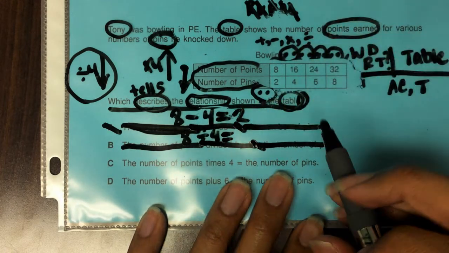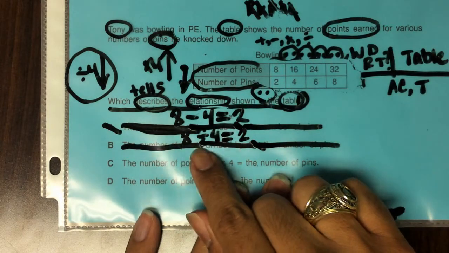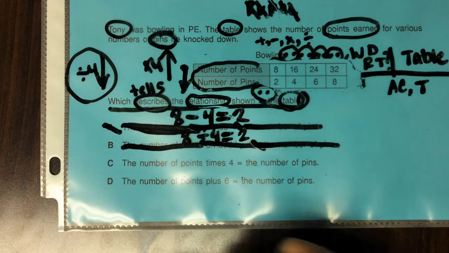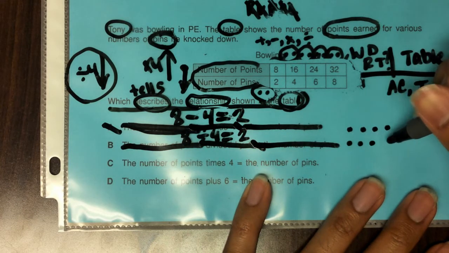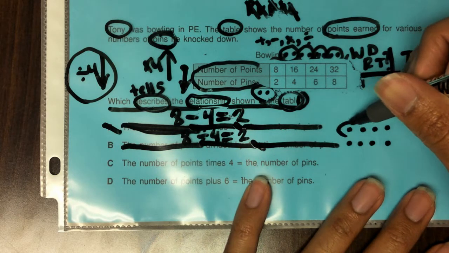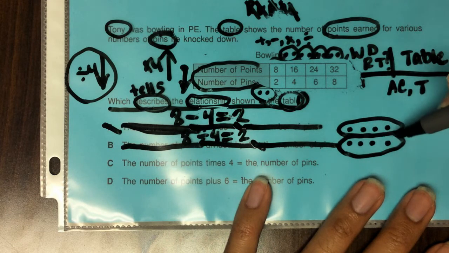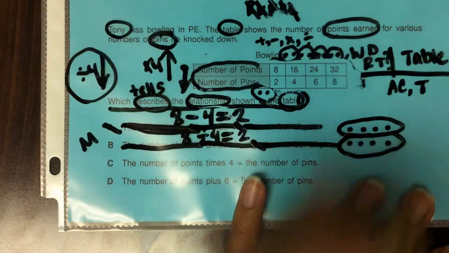Cross off the number of pins. The first one with the number of pins would be 2. So 8 divided by 4 equals 2. If we draw a dot and we share them with 4 in each, how many groups do we make? 2. So B could maybe be our answer.